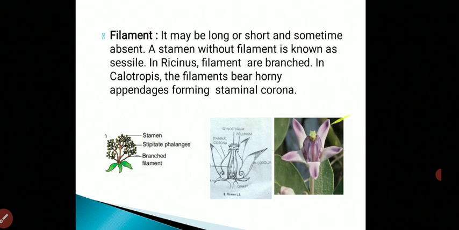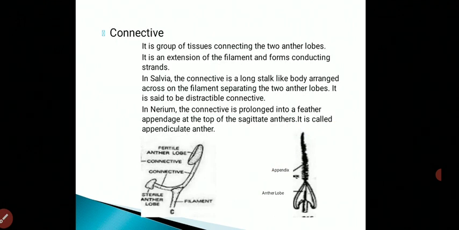Next part, that is the connective. The connective is a group of tissue connecting the two anther lobes. It is an extension of the filament and forms conducting strands.